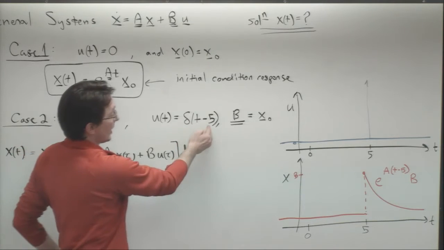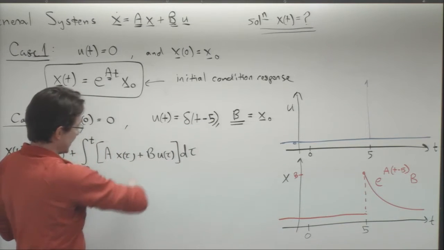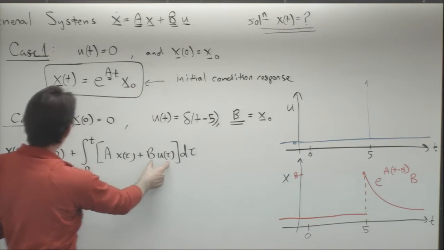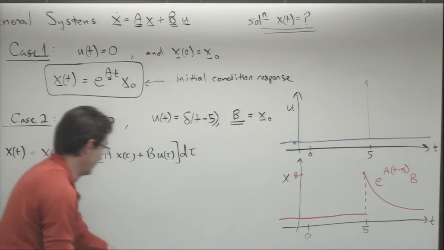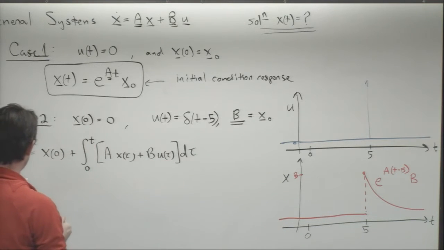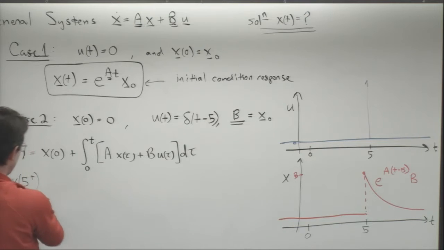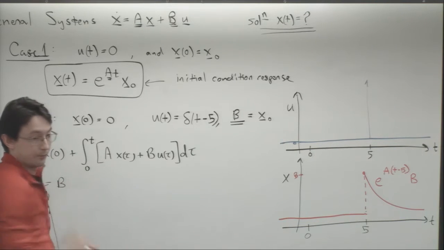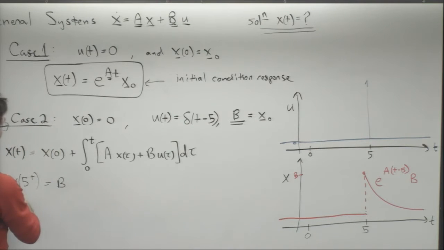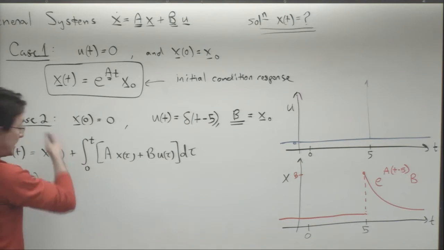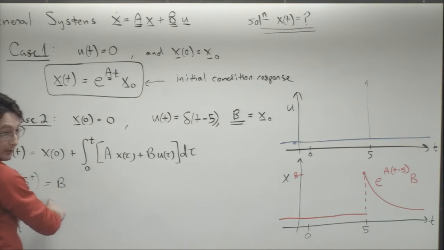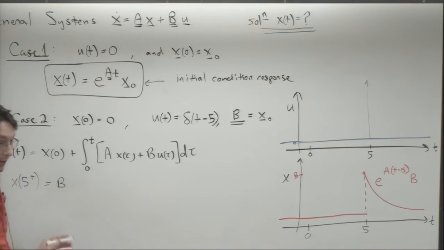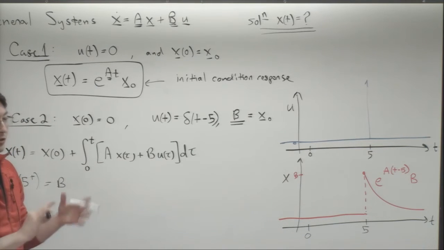But then when time 5 rolls around, my system gets this impulse in u, and it jumps my state x. So x at time 5 plus some little instant after time 5 equals b. And now for all time after, this looks like an initial condition of b.